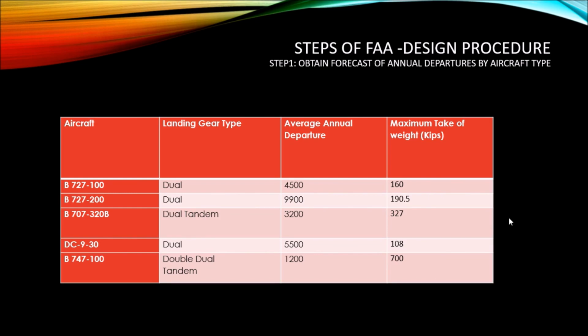So you can see here we have 160 for the first aircraft, 190.5 for the second aircraft, then 327, 108, and 700 for the third, fourth, and fifth aircraft, respectively.